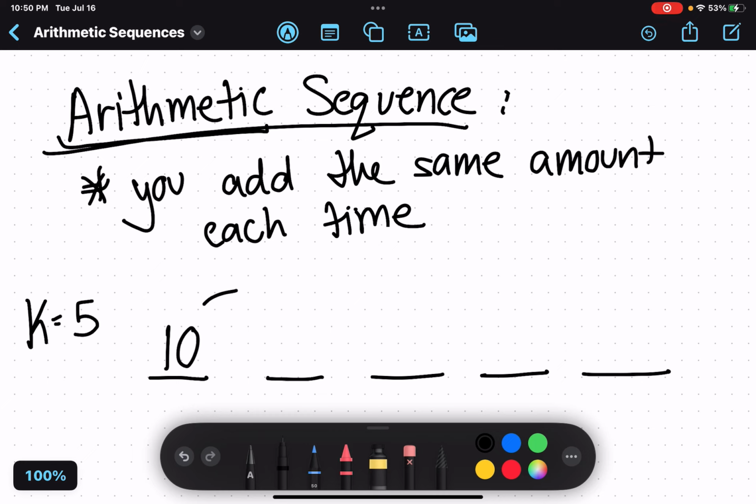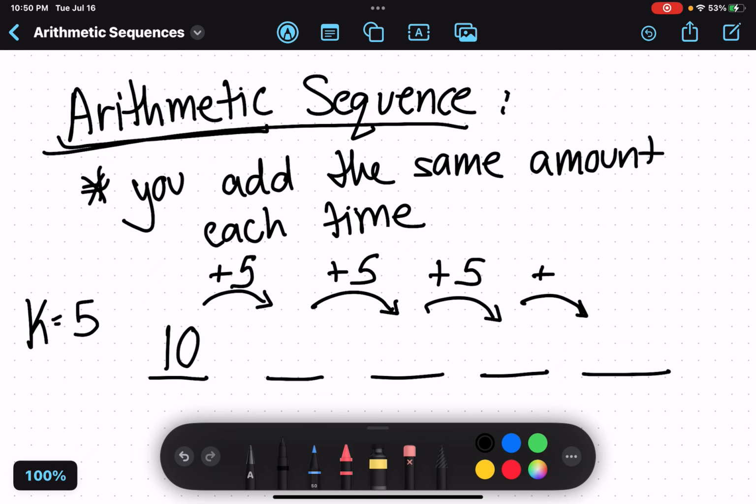That means each time we add, what number are we adding? 5. We are adding 5 each time. So, 10 plus 5, 15. 15 plus 5, 20. 20 plus 5, 25. 25 plus 5, 30. Super easy. That's basically it.